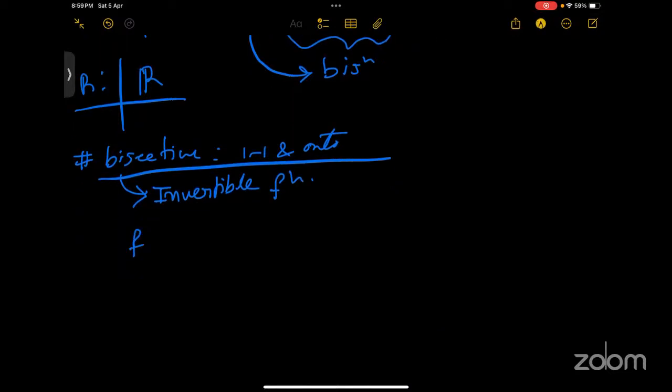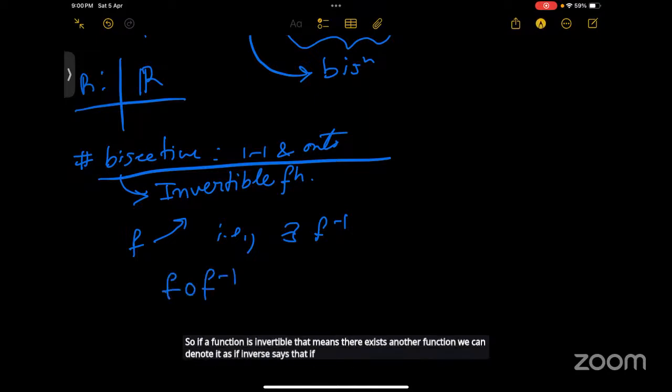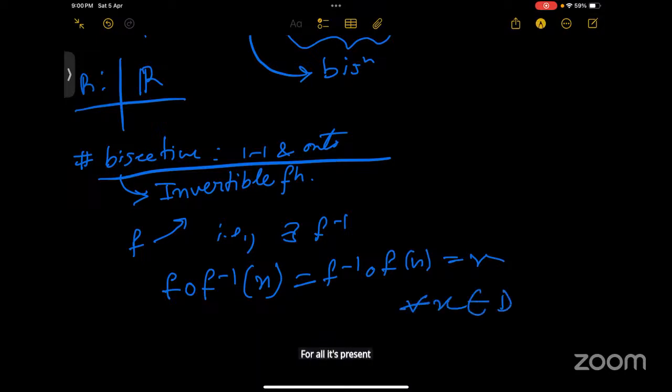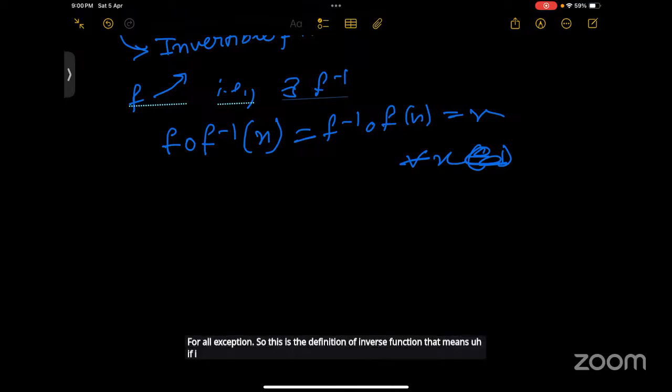So if a function is invertible, that means there exists another function, which we can denote as f inverse, such that f compose f inverse of x equals f inverse compose f of x equals x for all x present in the domain. So this is the definition of inverse function. That means if I have a function, we can also find the inverse function of that function using this definition.